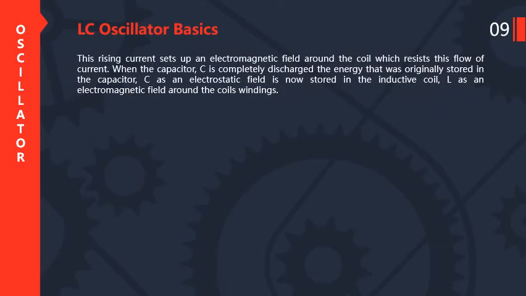This rising current sets up an electromagnetic field around the coil which resists the flow of current. When the capacitor C is completely discharged, the energy that was originally stored in the capacitor C as an electrostatic field is now stored in the inductor coil L as an electromagnetic field around the coil windings.